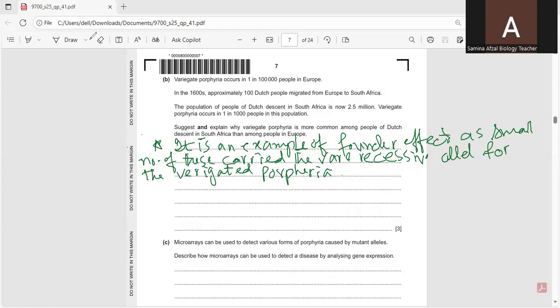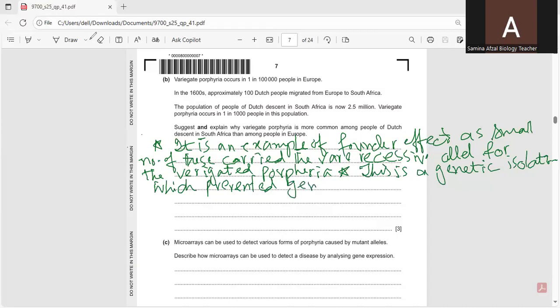And second, genetically they had been isolated. So the second point can be the genetic isolation, which prevented gene flow from the larger European gene pool.